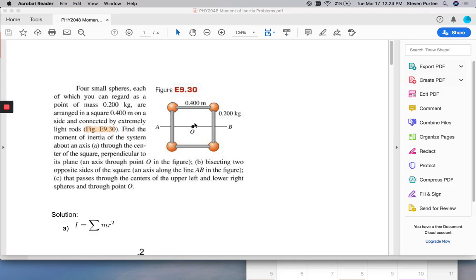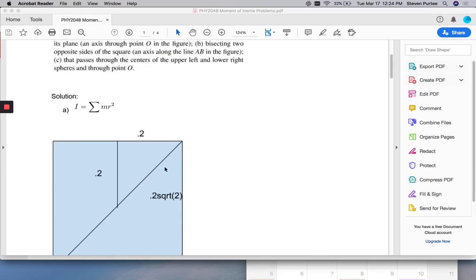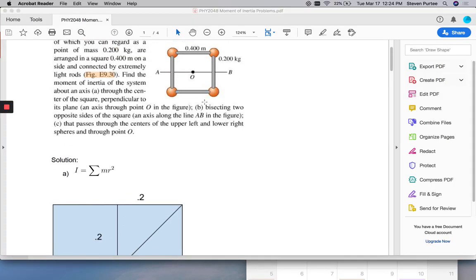So we need to find all four of these distances. Well, it's a square. They're all going to be the same, and we'll just use Pythagorean to find that. So each of these sides of a triangle would be 0.2 meters. So the hypotenuse of this triangle would be 0.2 times square root of 2. That's the distance from this point, our axis of rotation, up to this mass.